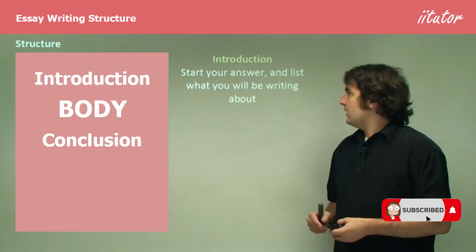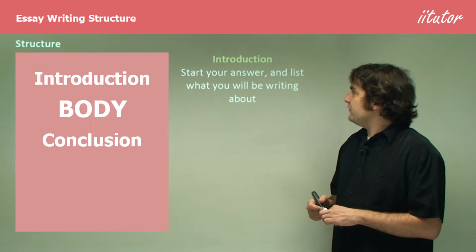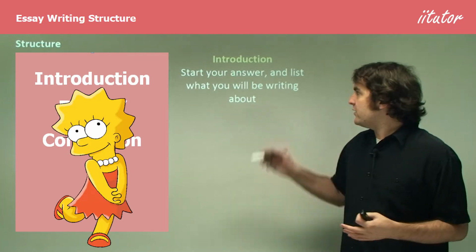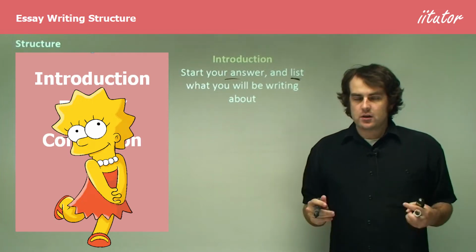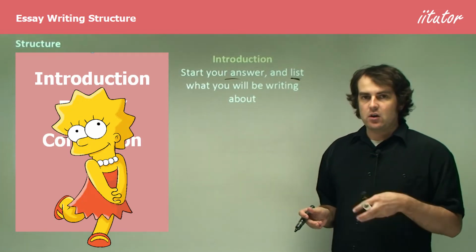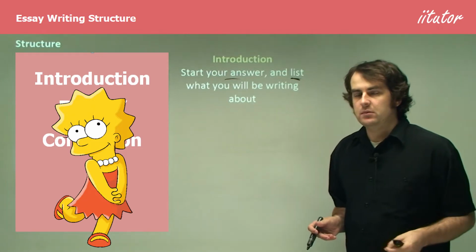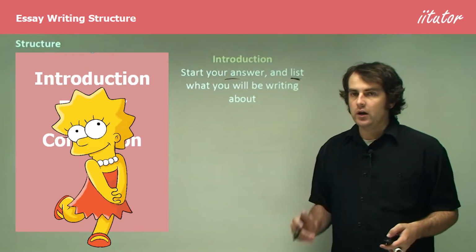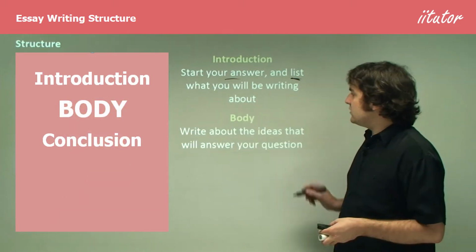Alrighty? Okay, so this is the structure of an essay. We'll start off with the introduction. Now, your introduction is where you start your answer and you list what it is you're going to be writing about. So it's really just a quick list and description of what your essay is going to be about. So you're telling whoever's reading your work what is going to be in your essay, okay? Then the next thing is your body.